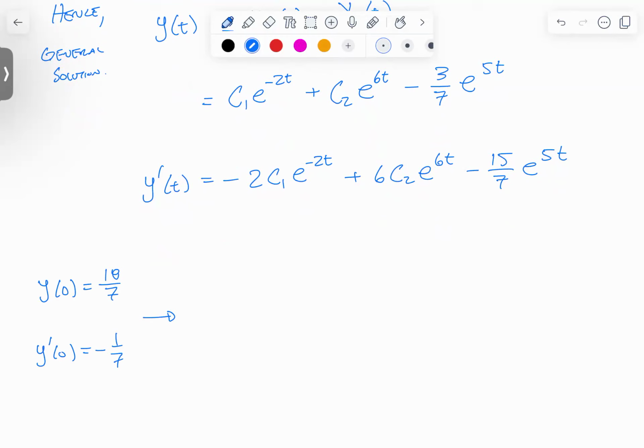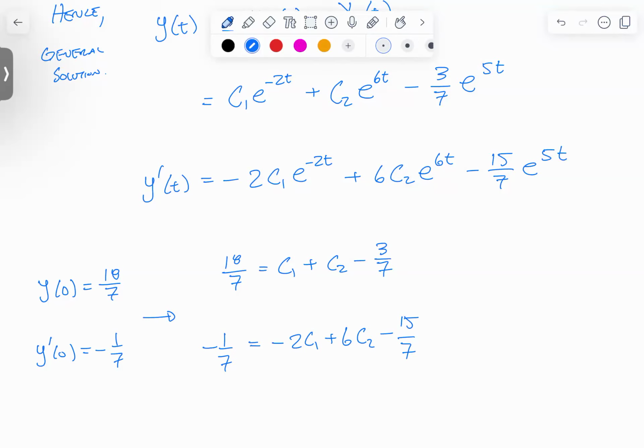We need to apply our initial conditions. Because of that, these are still initial conditions of 0. Because of that additional g of t function, we end up with this.